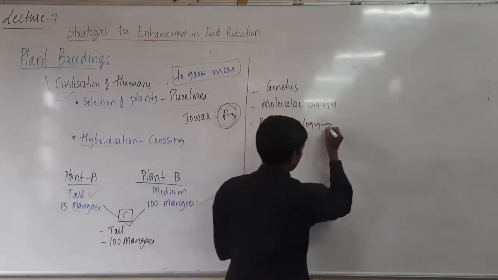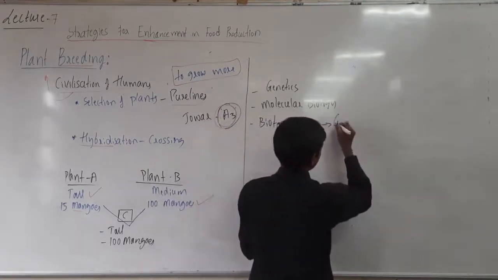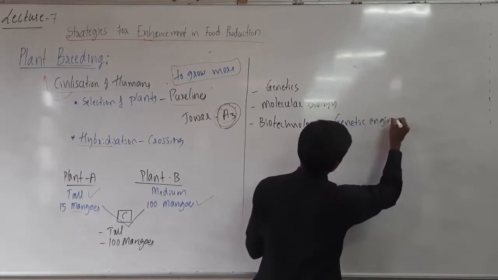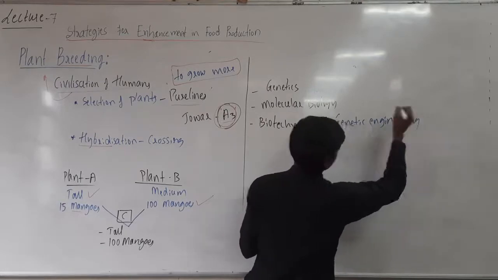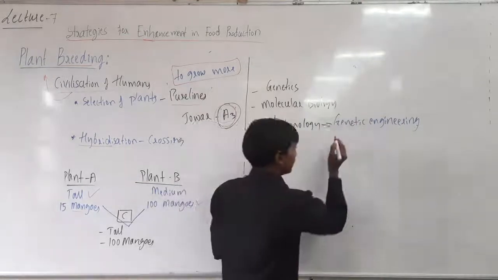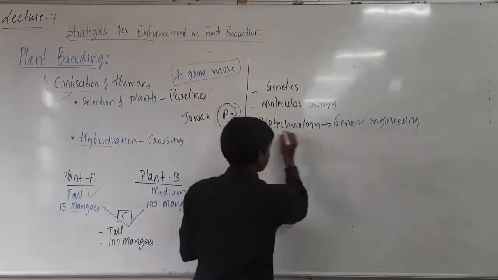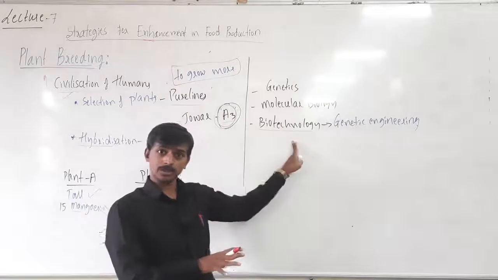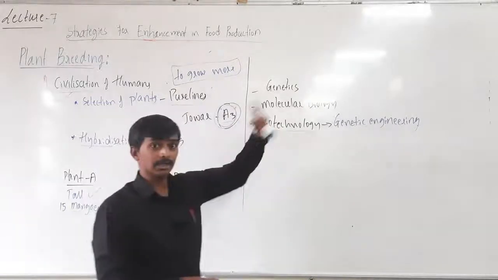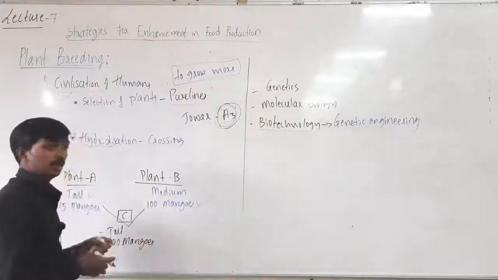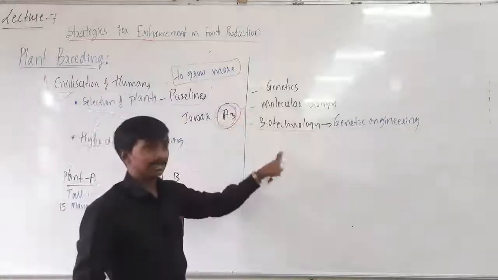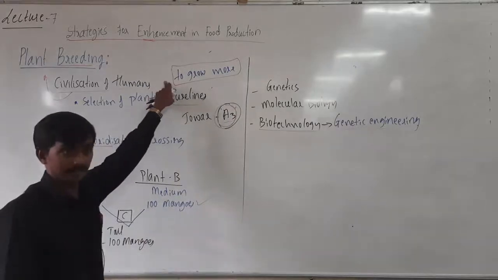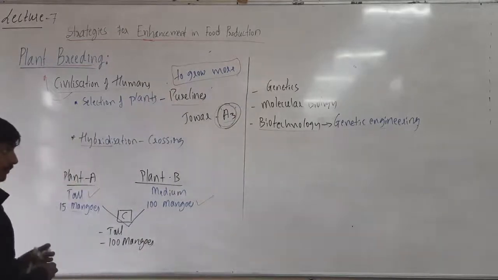Biotechnology, that is what we call genetic engineering. Remember, we will discuss this concept in the next chapter. We have the next chapter, that is biotechnology itself. Okay, we will discuss this technique in detail in the next chapter. So, like that, by using various modern techniques, nowadays the food production is increased. Food production is increased, right.